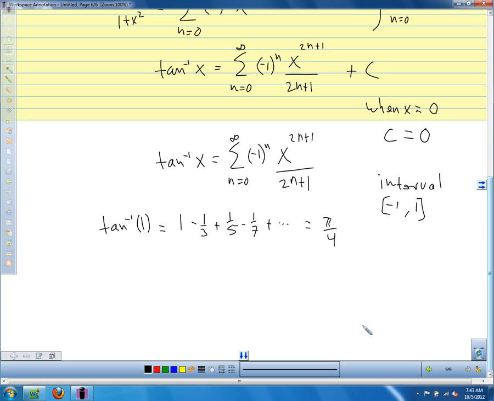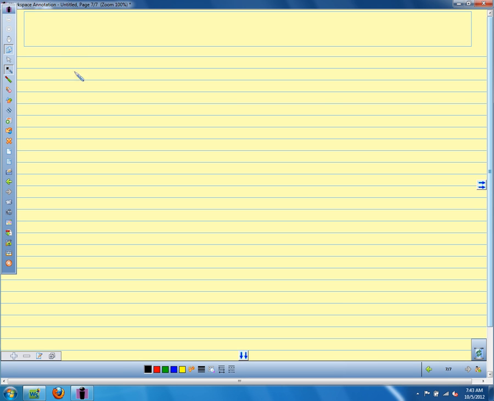So the nice thing about a power series representation is I talked the other day about finding integrals of non-elementary forms. So an example that I gave was if we had something like the integral of e to the x squared dx, we don't have a way to represent this integral, but we can write e to the x squared.